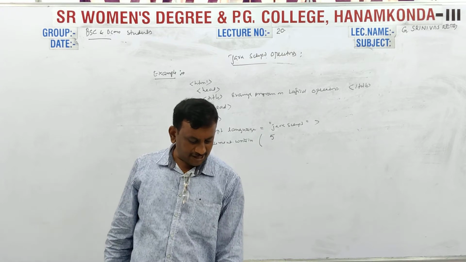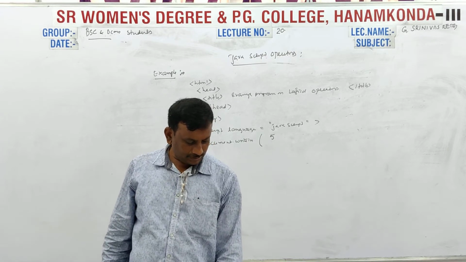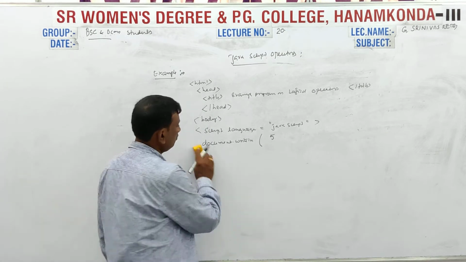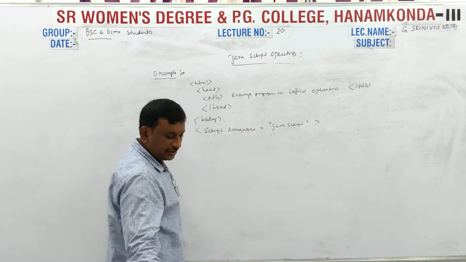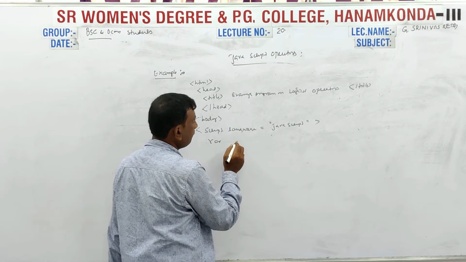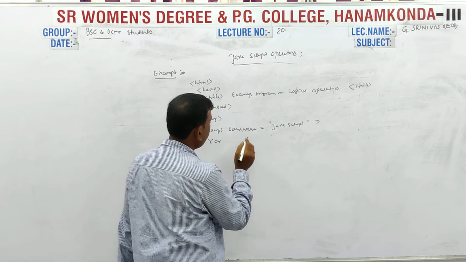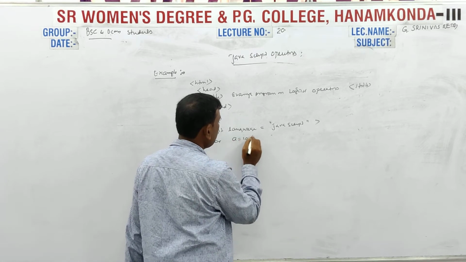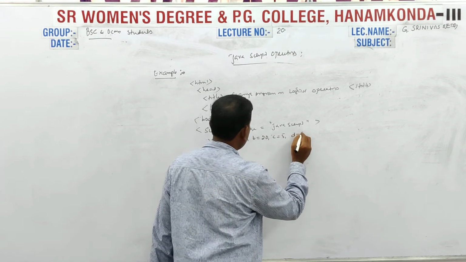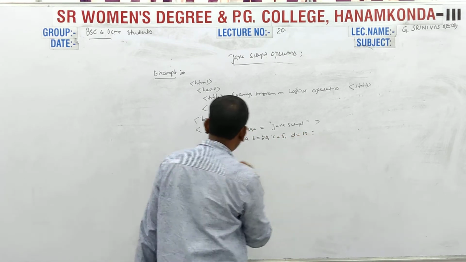Just write a equal to 10, b equal to 20, c equal to 5, d equal to 15.